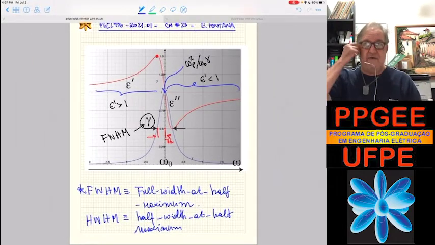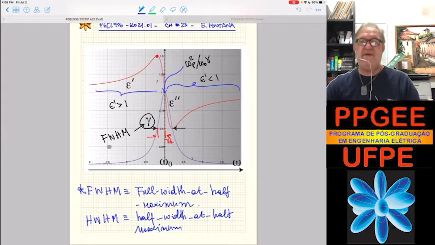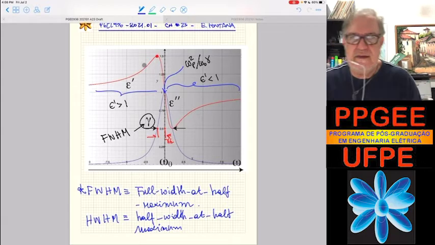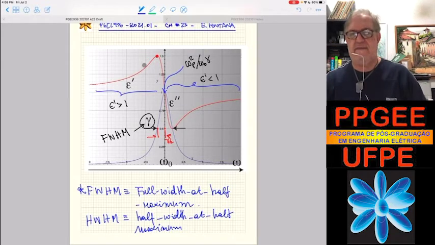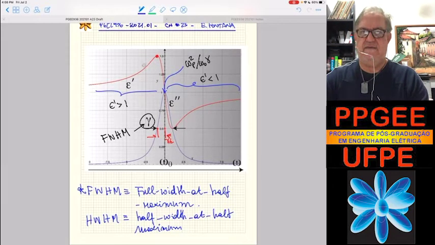Okay, that's the behavior. So we see that when you move to frequencies far away from the resonance, you don't have interaction, no effect. So some sort of energy is going to be stolen from the electromagnetic field, and we are going to see that in a moment.